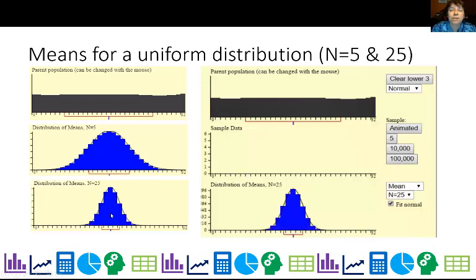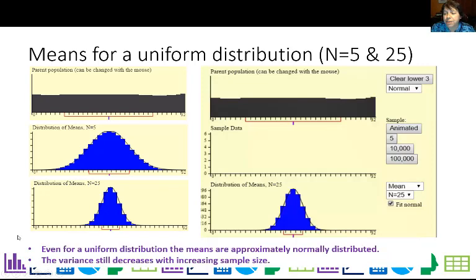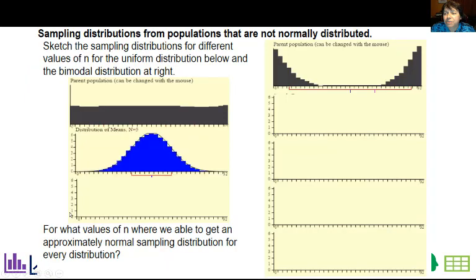So your spread's going to decrease with the square root of n. Okay? So even for a uniform distribution, the means are approximately normally distributed. The variance still decreases with increasing sample size. So if I fill in your sketches in your notes, that's what I would draw right there for this roughly normal distribution.